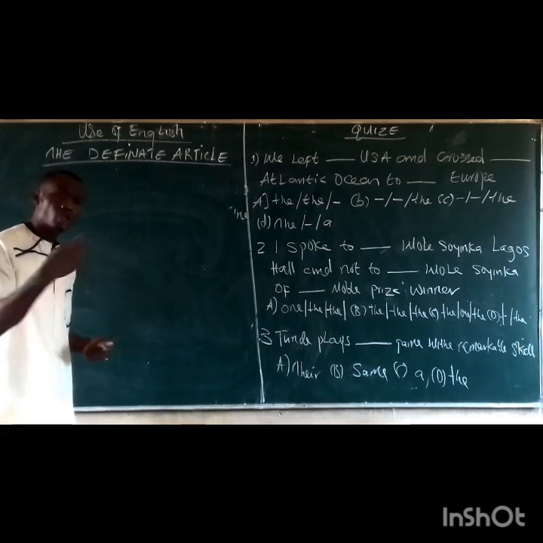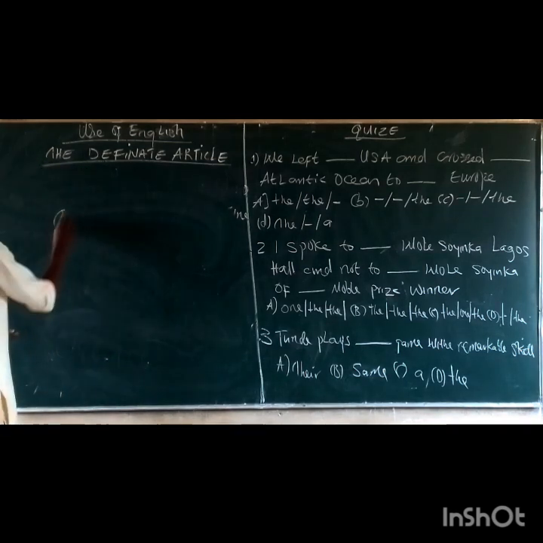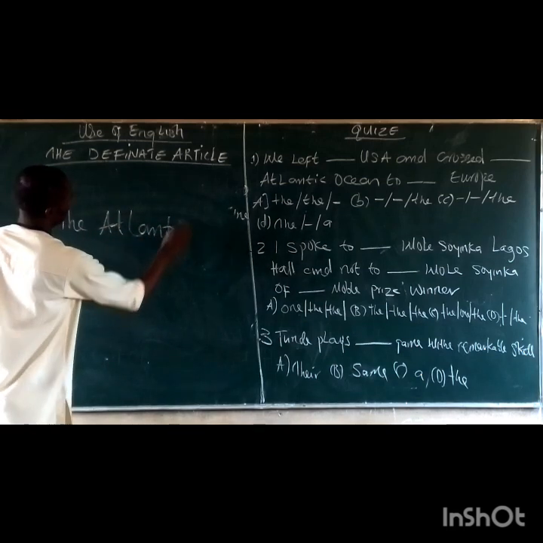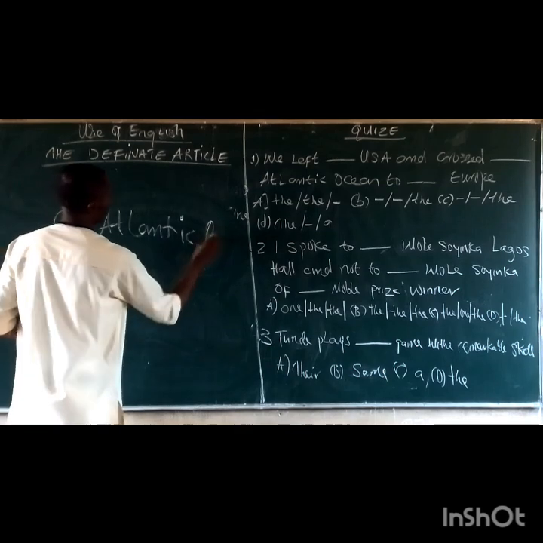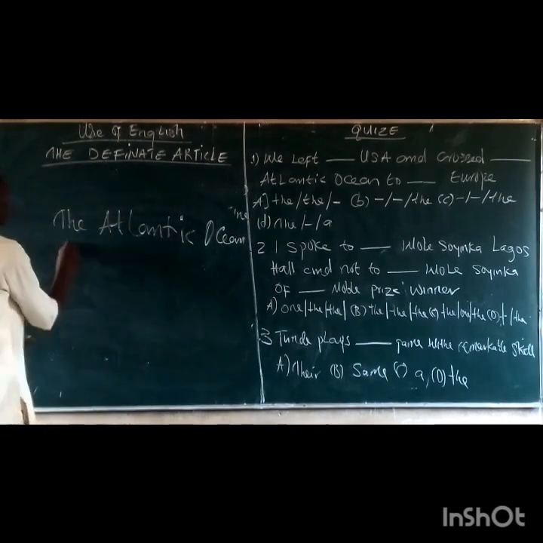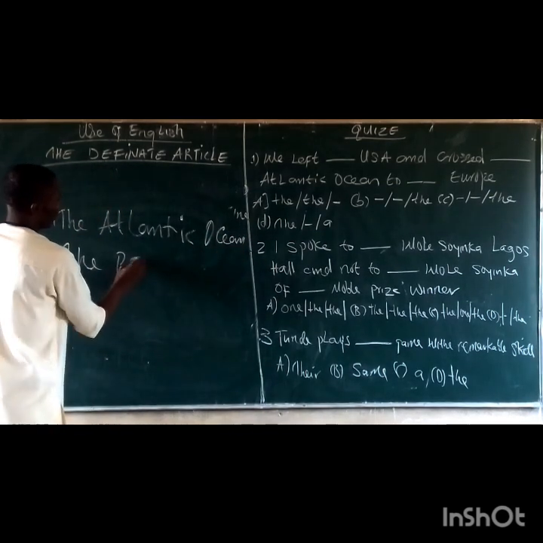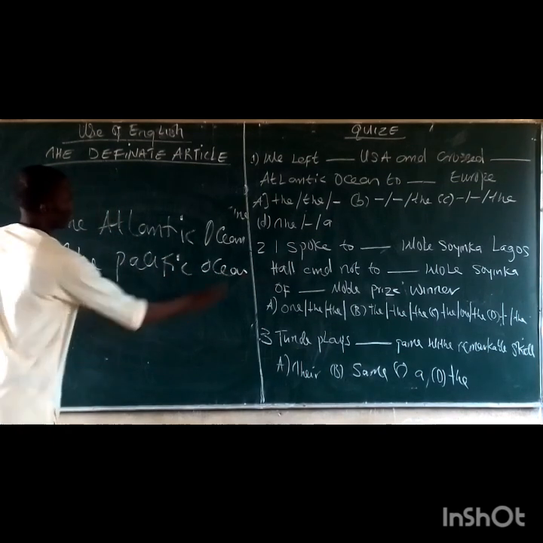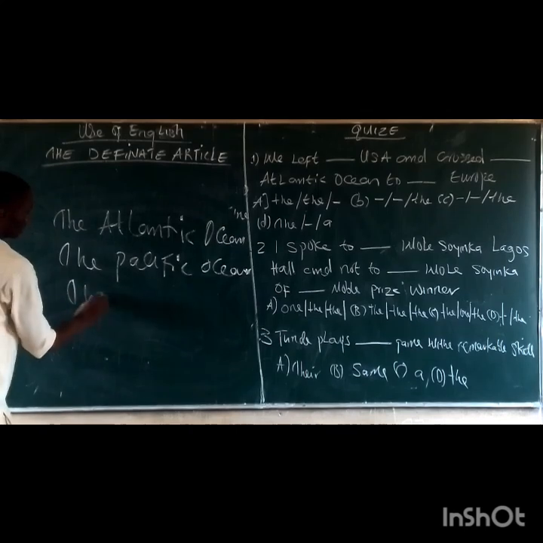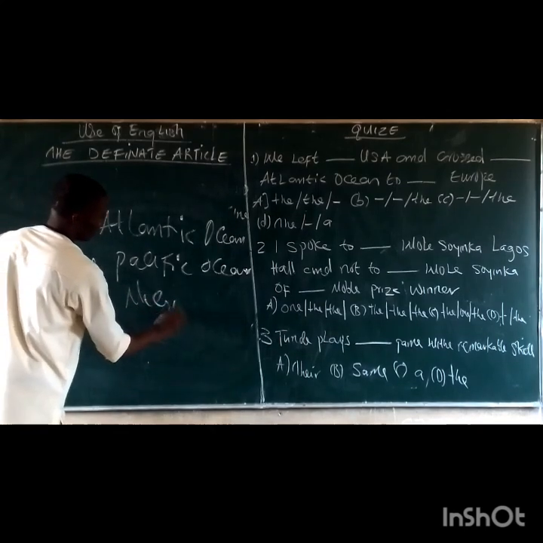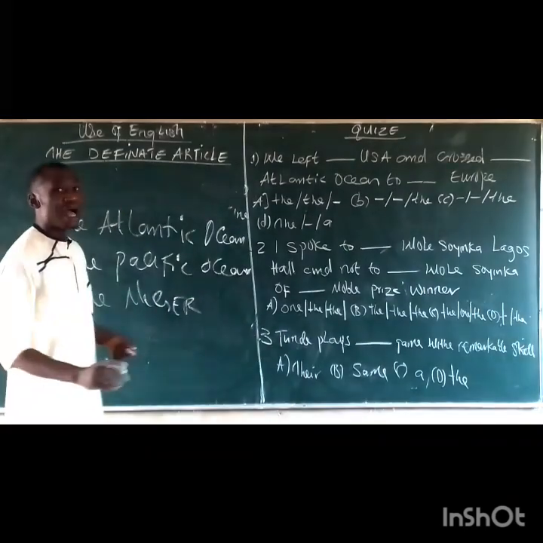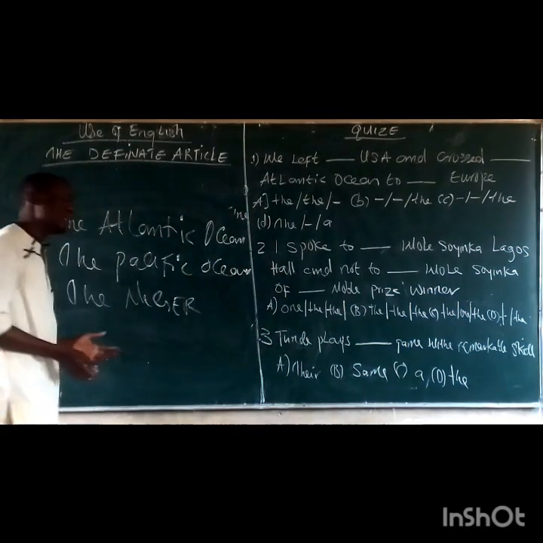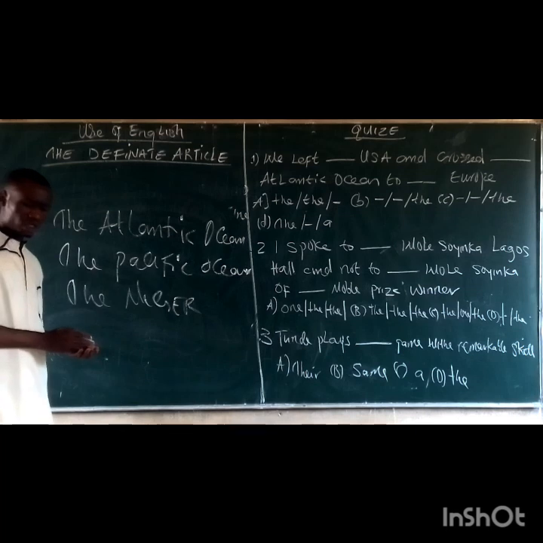Now, the geographical locations, we can have the Atlantic Ocean, the Pacific Ocean, the Niger. You cannot have the Nigeria, it's not possible, but you can have the Niger as a geographical location.